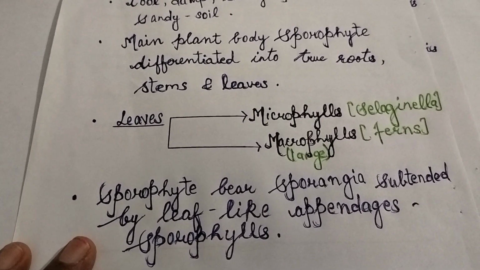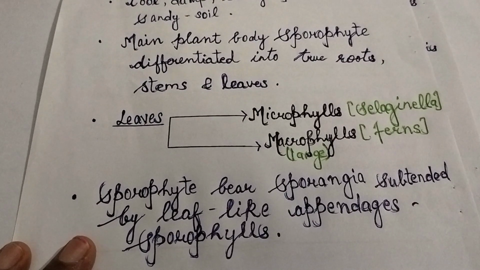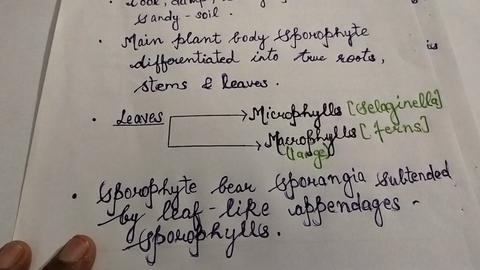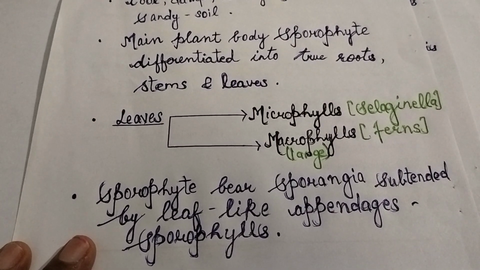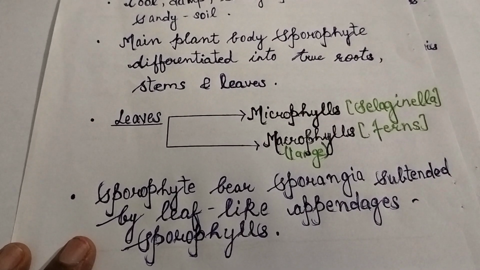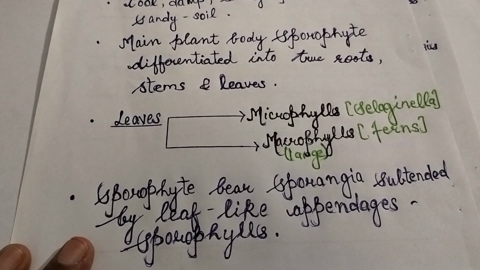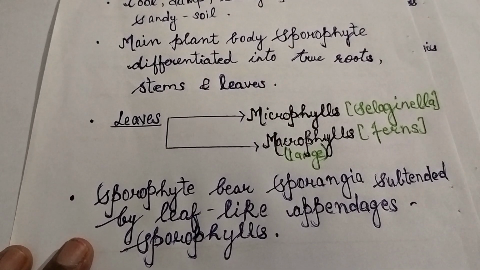Sporangia means the spore bearing body. They are called sporophylls. What are sporophylls? Sporophylls are the small leaf-like appendages which bear sporangia, that means spore bearing bodies.